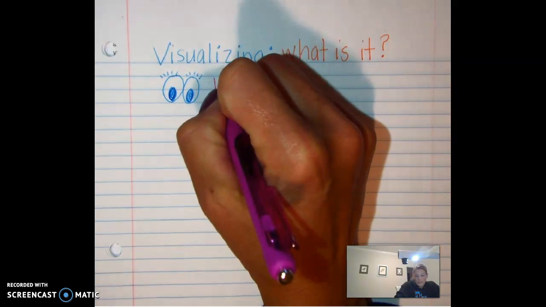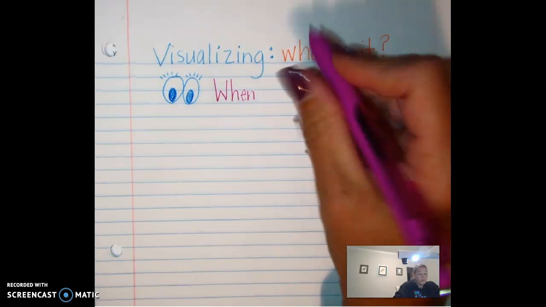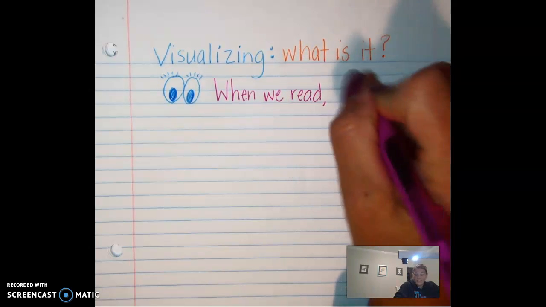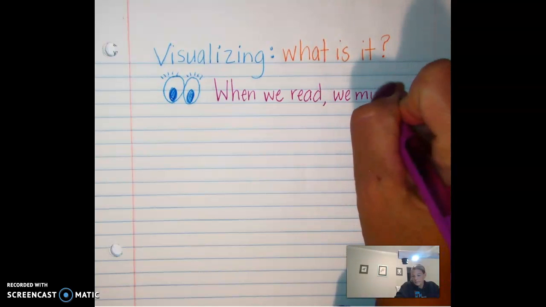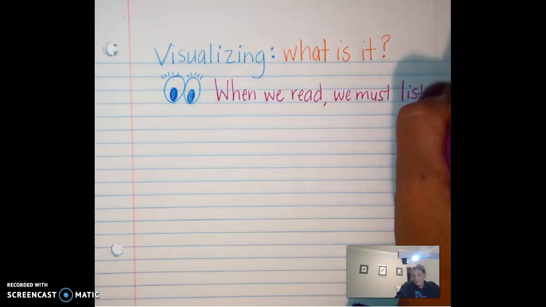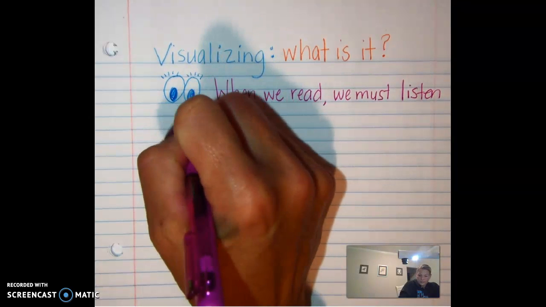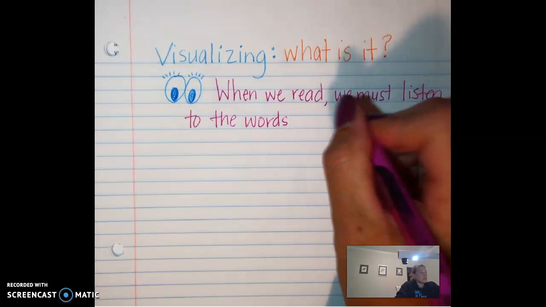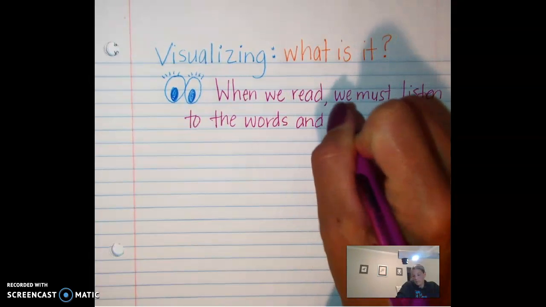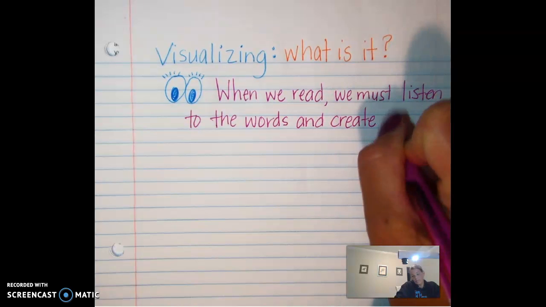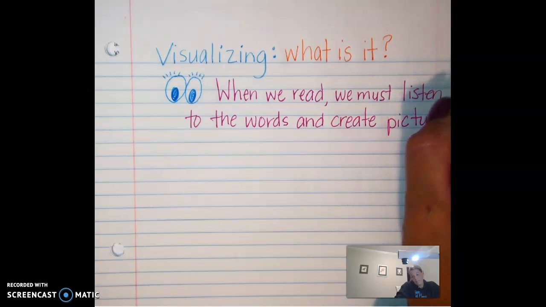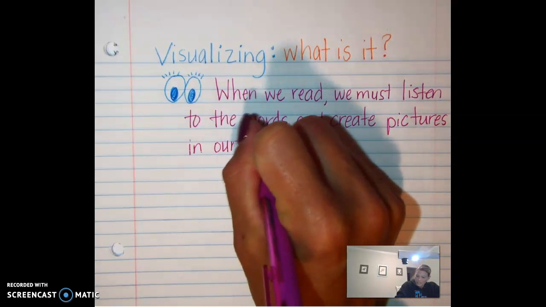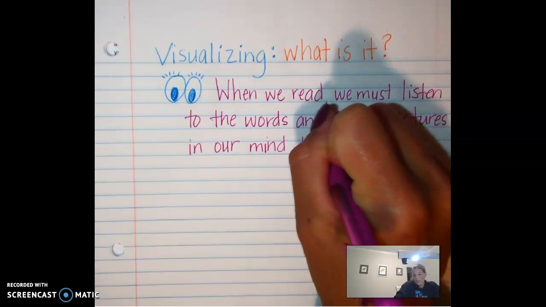So when good readers are reading, we must listen to the words, and create pictures in our mind that go with those words.